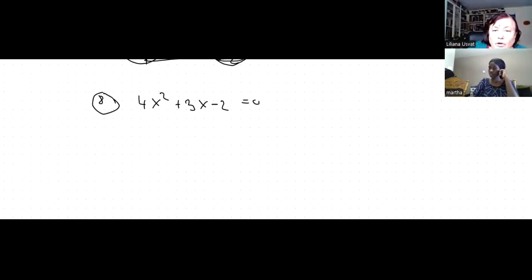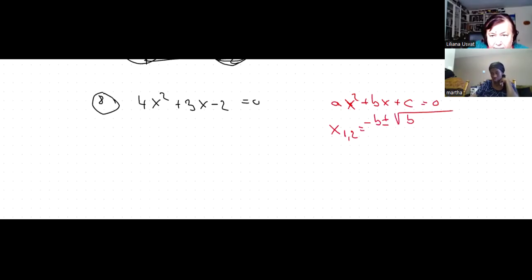If you have a parabola, ax squared plus bx plus c equals 0, the roots of the equation can be written as x1,2 equals minus b plus or minus the square root of b squared minus 4ac, over 2a. In this case, a is 4, b is 3, c is minus 2.